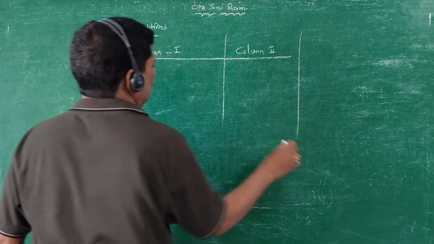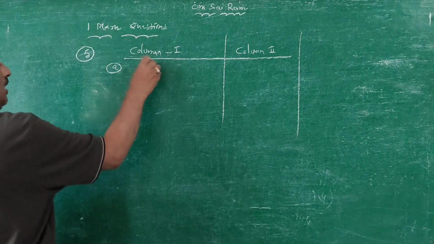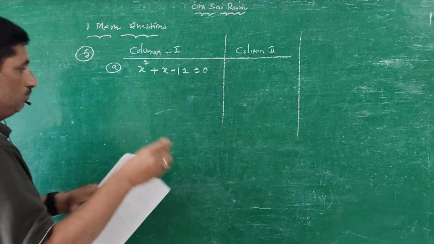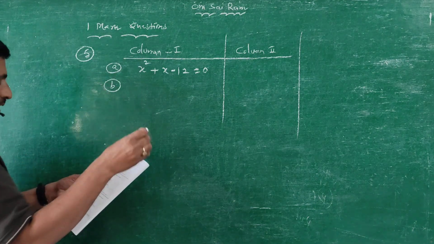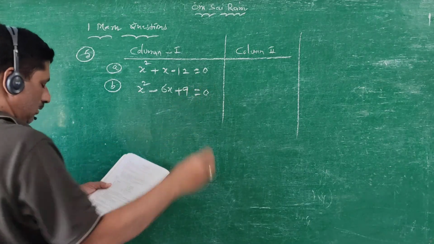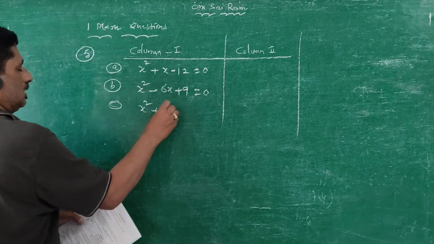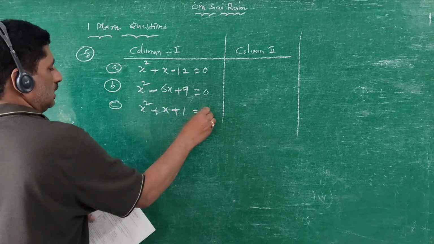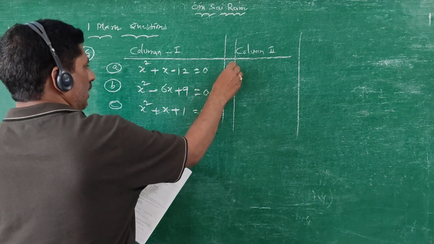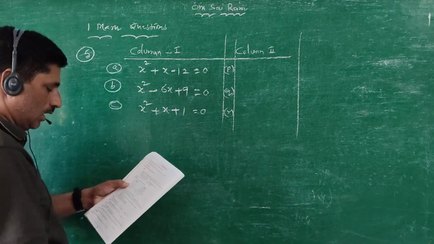In the first column: A, x square plus x minus 12 is equal to 0; B, x square minus 6x plus 9 is equal to 0; and C, x square plus x plus 1 equals 0, with options P, Q, R. We have to match column 1 to column 2.